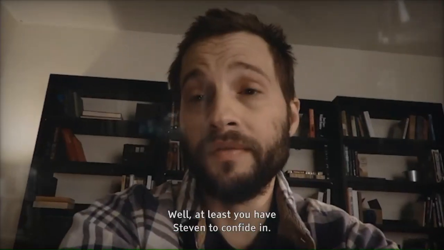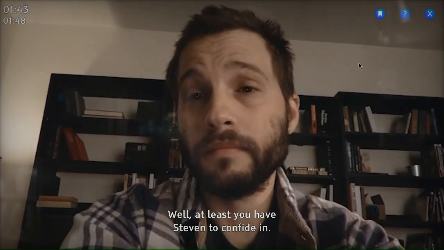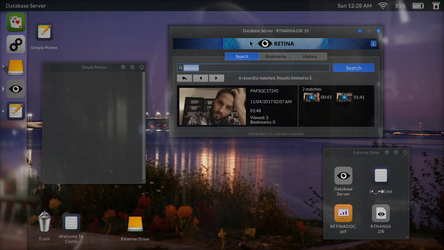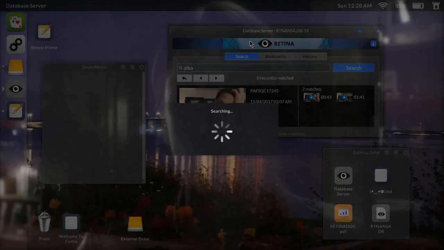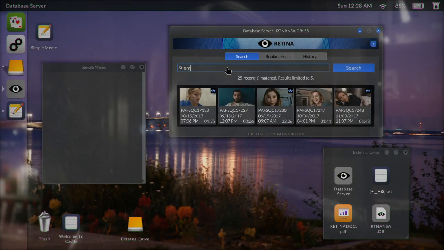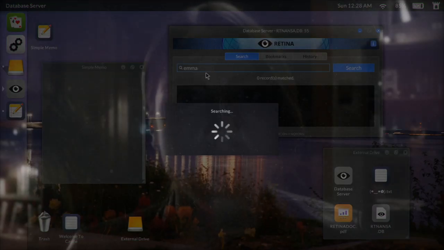Well, at least you have Steven to confide in. Okay. Stephen is the other guy. And this one is David. Okay. The girl is Alba. Wait, I just want to check, Emma is the woman.